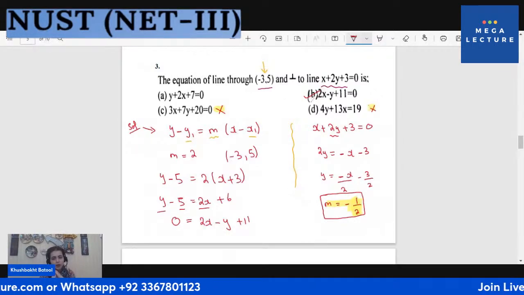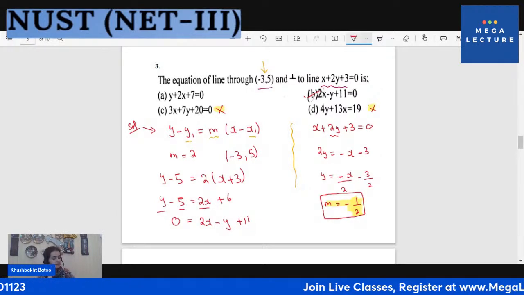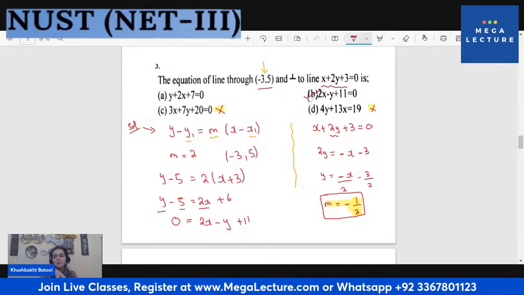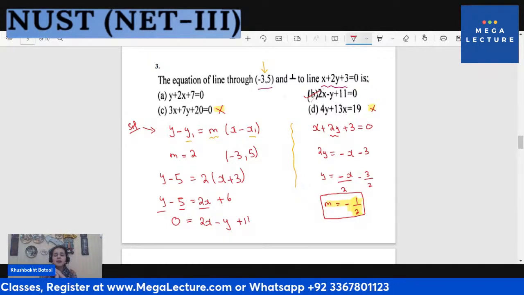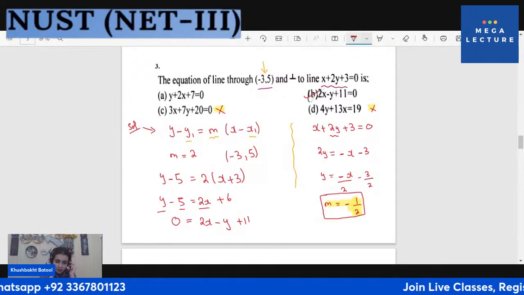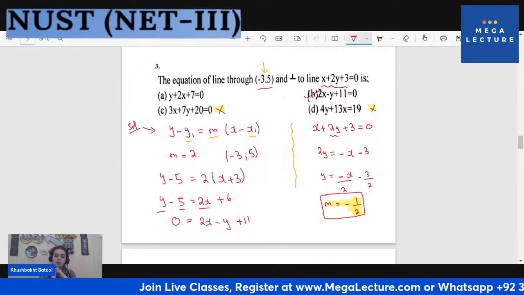So if you think about things logically, then you would be able to find the correct answer, even if your mental maths is not that sharp, or you're not that fresh in the exam, still you can get good marks by thinking about things logically, right? So logic matters a lot here.